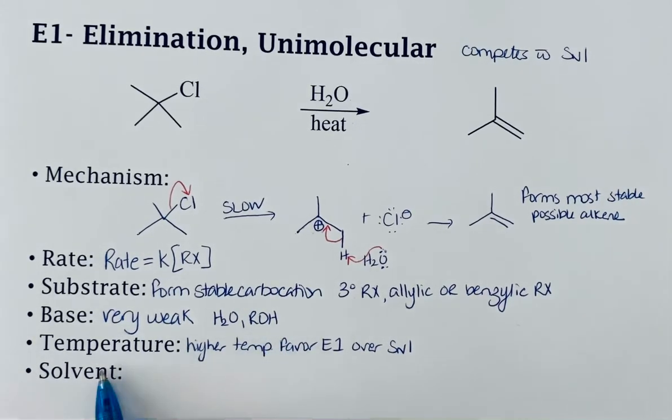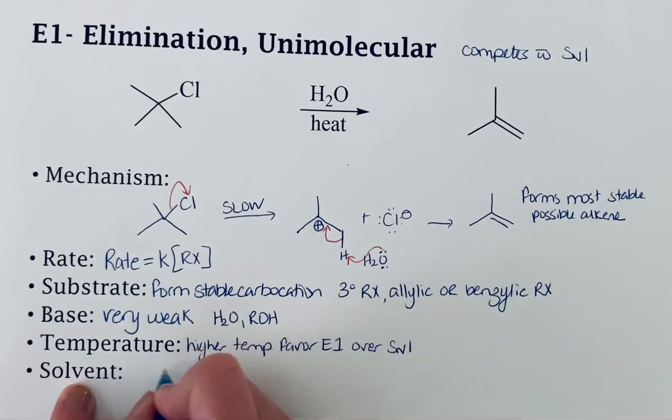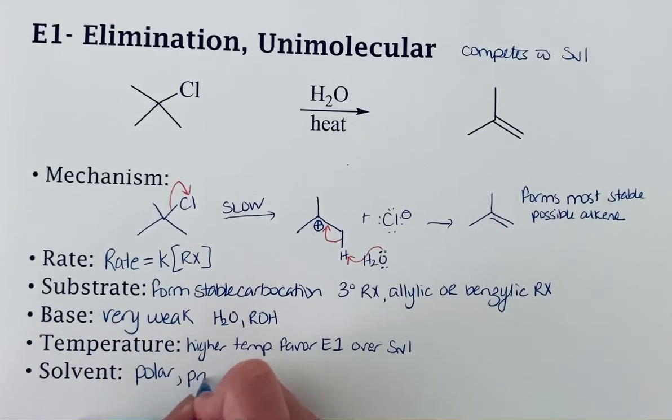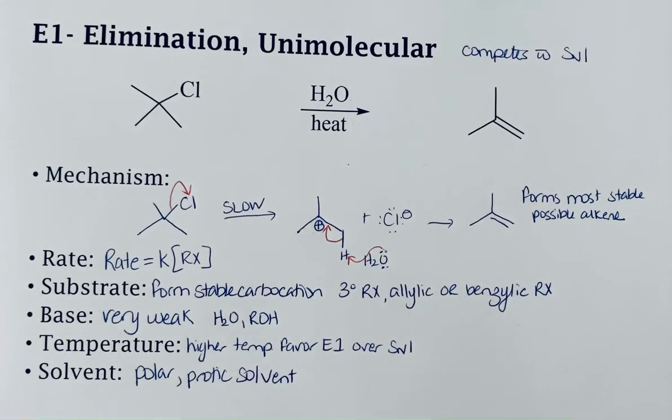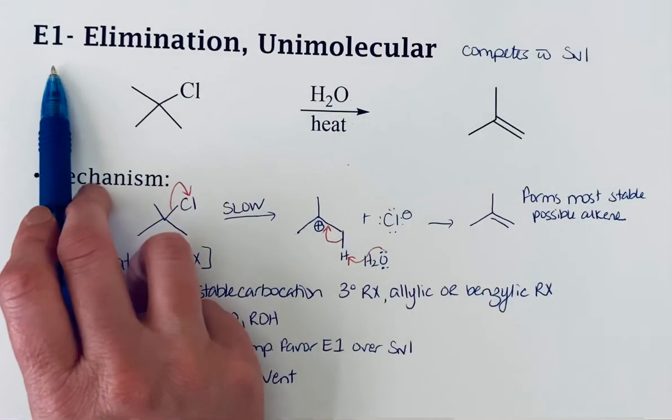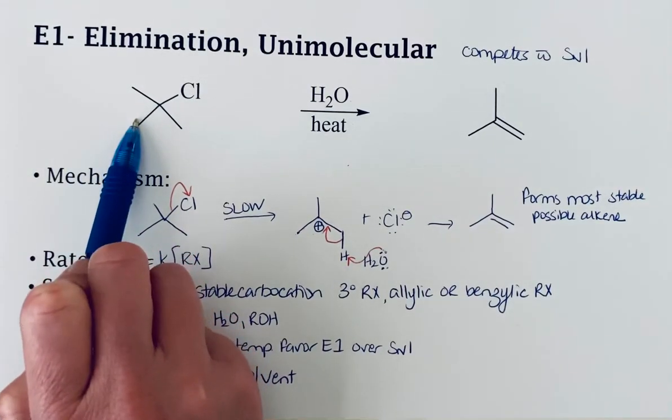And in terms of the solvent, you still have that ionization as your slow step, and so in terms of the rate, a polar protic solvent would enhance the rate of this reaction. And so E1 reactions, you're not going to see too many of them with alkyl halides.